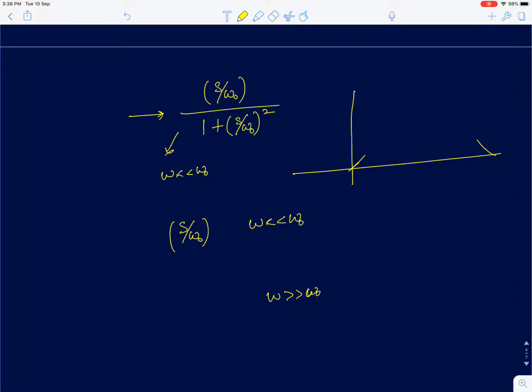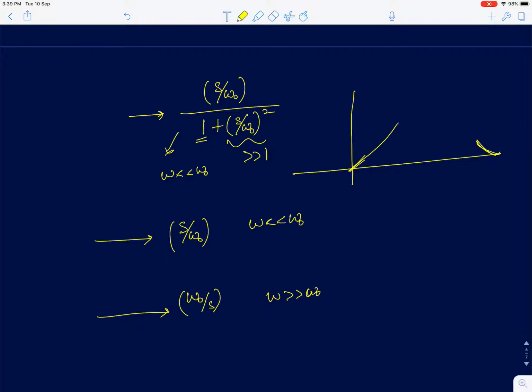The second term in the denominator will be much greater than 1, and therefore I can ignore 1, and the function will reduce to omega naught by s. So for low frequencies it behaves like a differentiator, and for high frequencies it behaves like an integrator. A differentiator will have 0 gain at DC, and an integrator will have 0 gain at infinite frequencies. So therefore I meet these conditions.